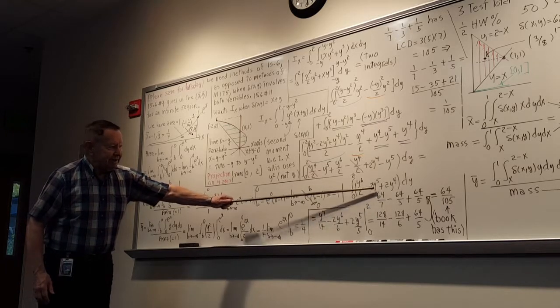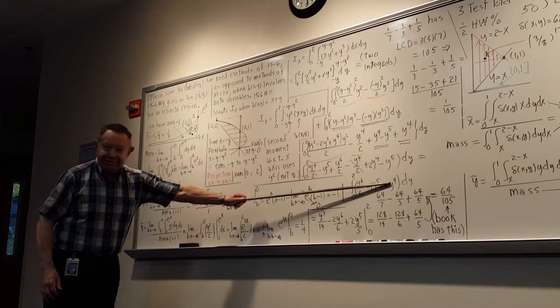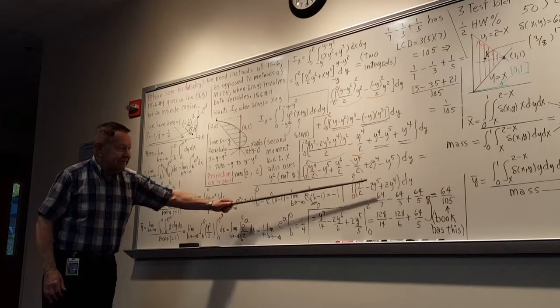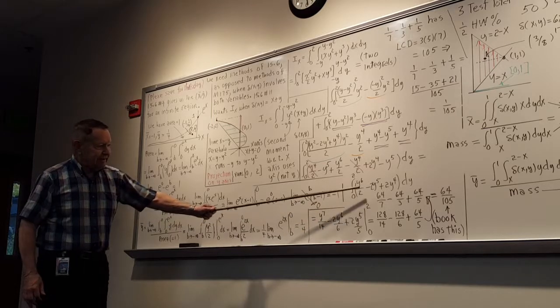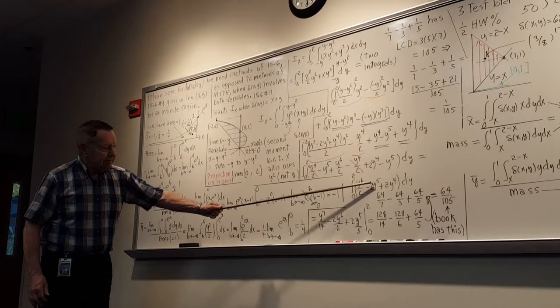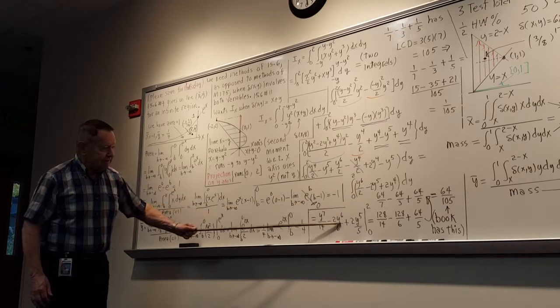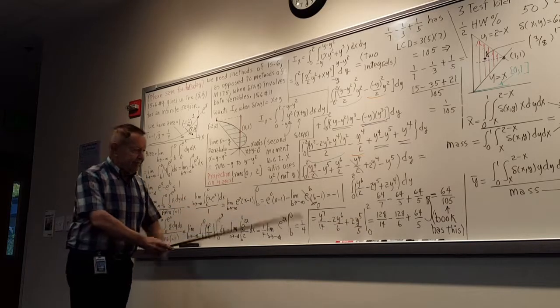So now finally I have to integrate these with y. So y sixth becomes y seventh, 2 times 7, then 2y sixth over 6, and then 2y fifth over 5.